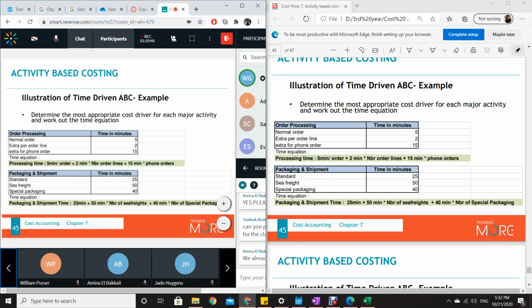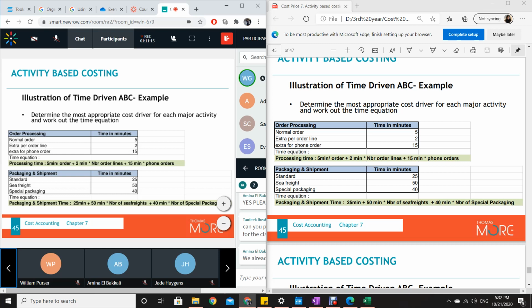So in order processing as an activity, the processing time is 5 minutes per order plus 2 minutes times the number of order lines plus 15 minutes times the phone orders. At the end, you have a certain number of minutes you need, and you can calculate that times the 0.16 euro per minute.